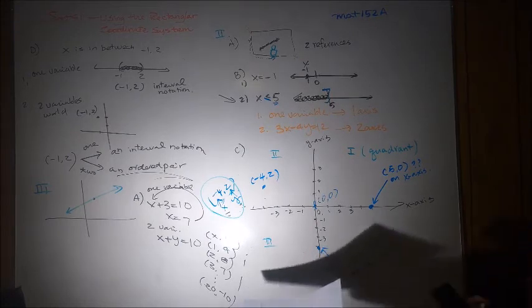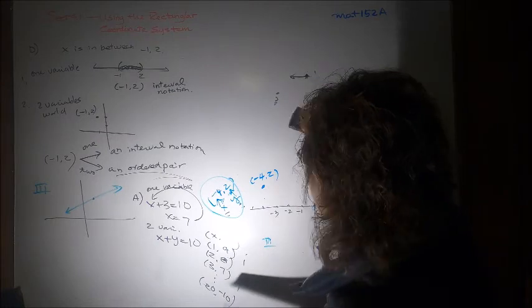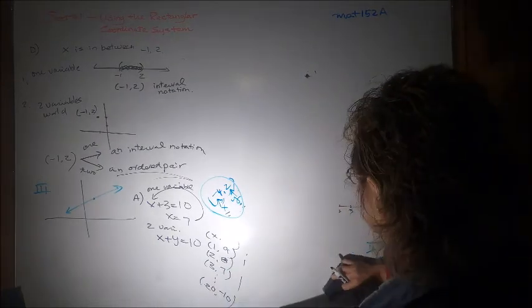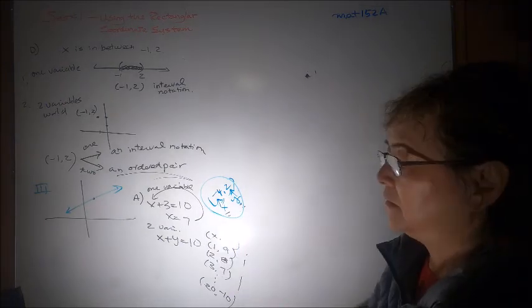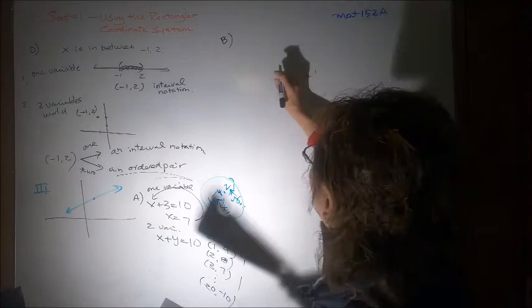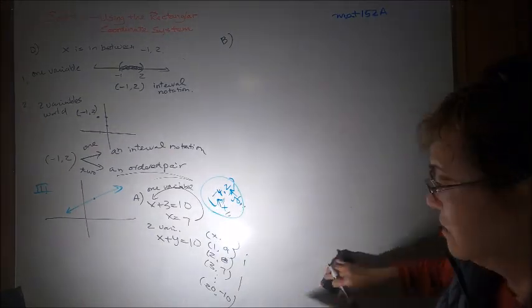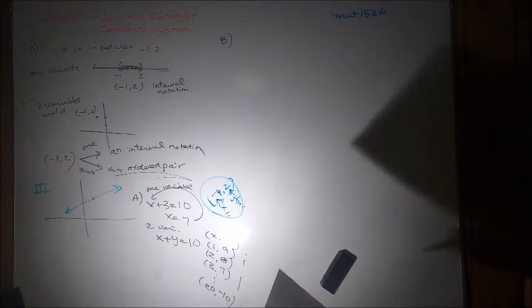So how do you decide whether or not the points or the pairs given will work for your equation? All you have to do is plug back in and check, right?